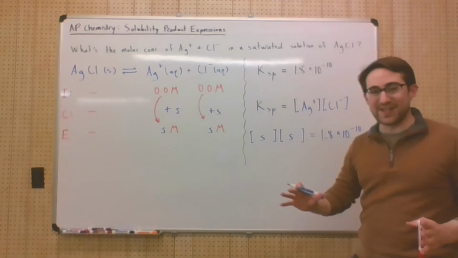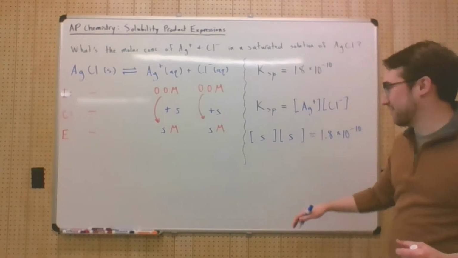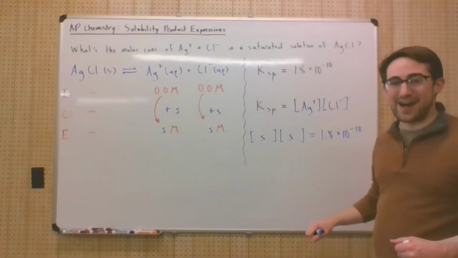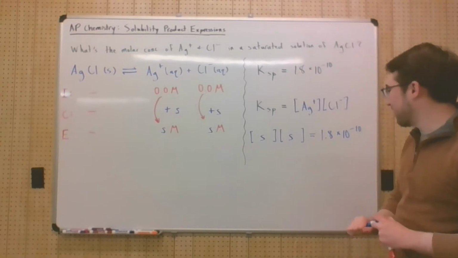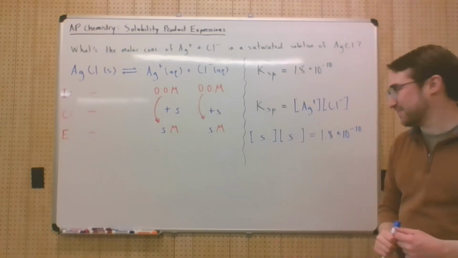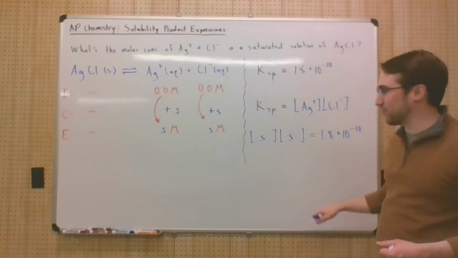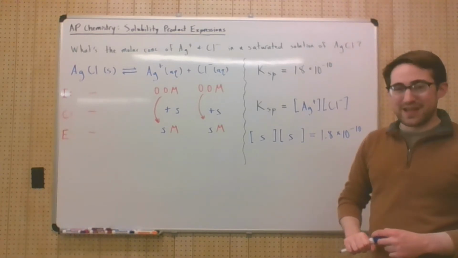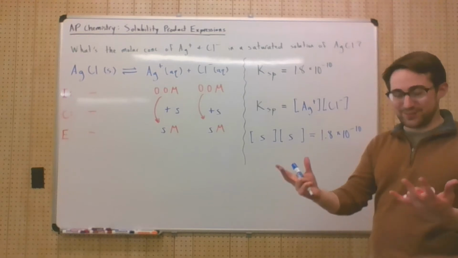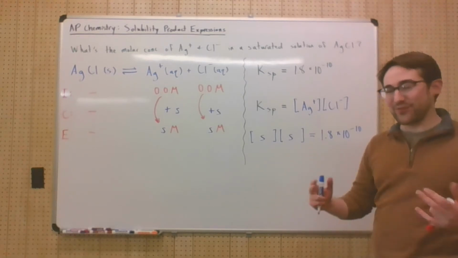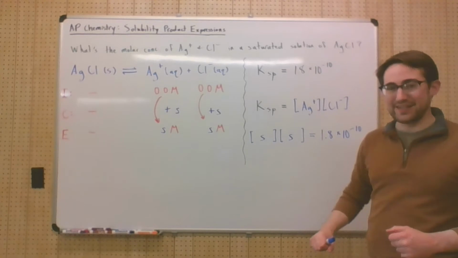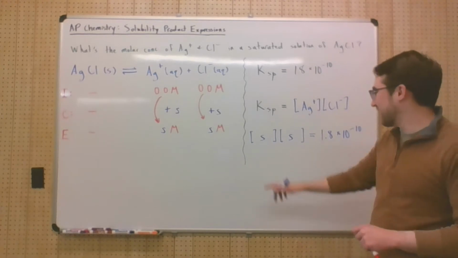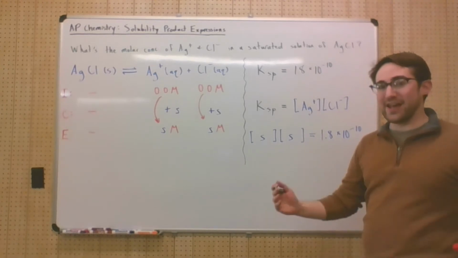So this is now representing the concentration of the Ag+ ion and the Cl- ion at equilibrium, when we have a fully saturated solution. So s times s should be equal to 1.8 times 10 to the negative 10th. Well, maybe Ag+ and Cl- before were seen as two different things, but I can multiply an s and an s. That's just easy algebra. So s times s is going to be s squared.